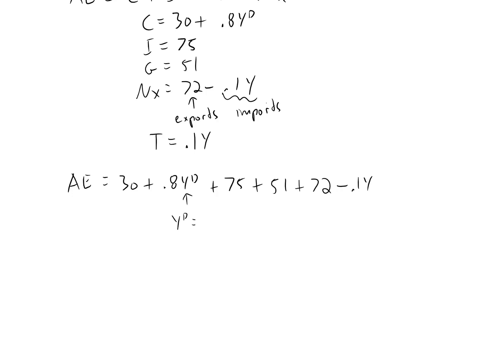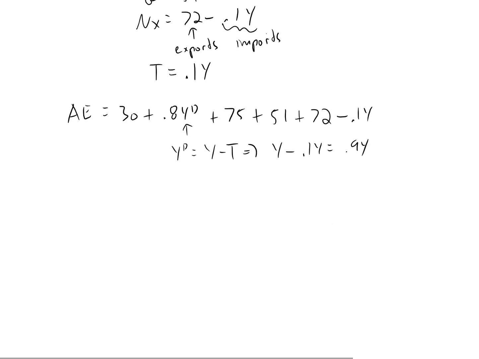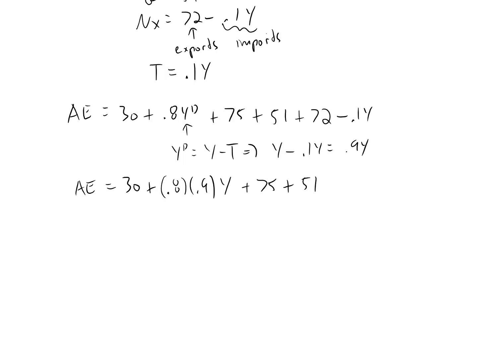So remember, YD equals Y minus T. We did this on the slides already, but this is Y minus 0.1 times Y, which equals 0.9 times Y. So we're going to plug that in. So AE equals 30 plus 0.8 times 0.9 times Y plus 75 plus 51 plus 72 minus 0.1 Y.